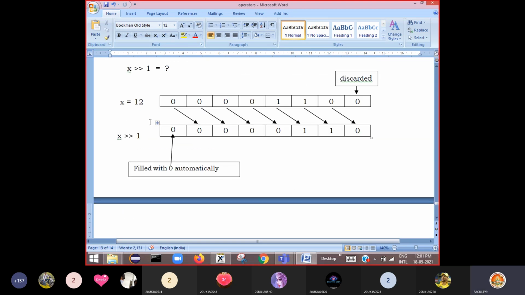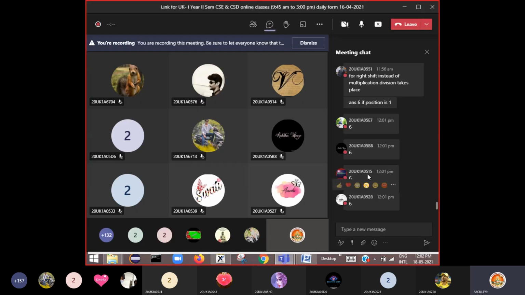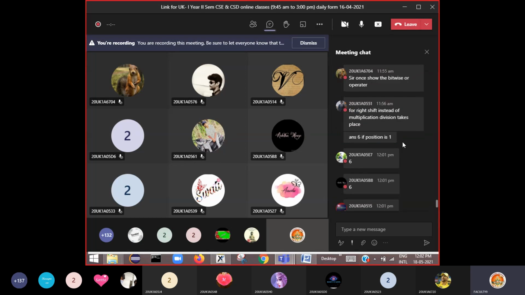Yes or no? The number gets halved when you do the right shift operation. This is the observation to be made. Yes, it is 6. Instead of multiplication, it performs division, or in other words, the number gets halved.